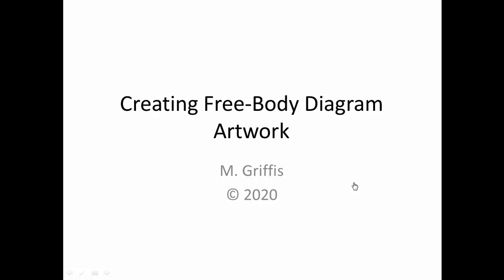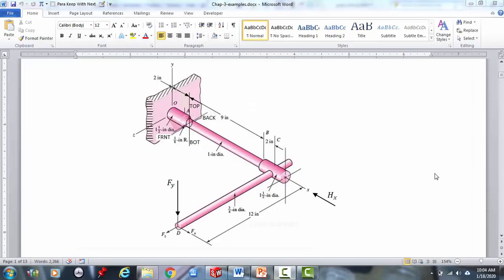Today I would like to talk about creating free body diagram artwork. The discussion today will be based on this Shigley book problem of the pull handle, where we're looking at the critical location where the shaft goes from a 1.5 inch diameter to a 1 inch diameter.